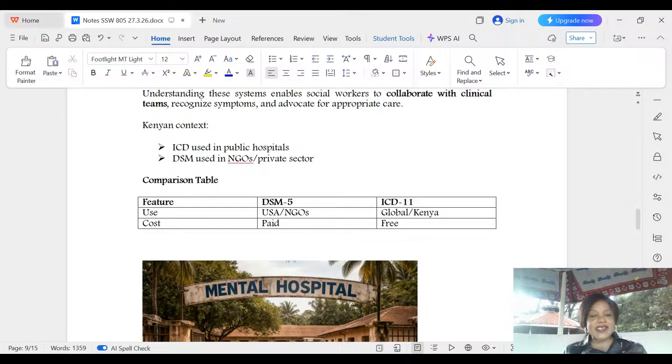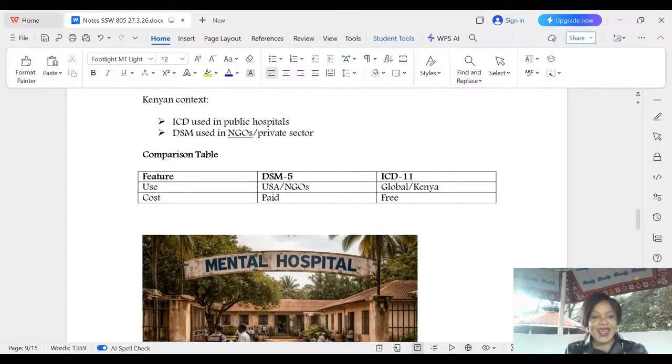In Kenya, particularly, the ICD is usually preferred and used in public hospitals, and the DSM is usually preferred and used in NGOs and the private sector. So I just put for you a comparison table here, where I've also noted that the DSM-5 is usually paid for, and the ICD-11 is usually available for free by the organizations that use it.